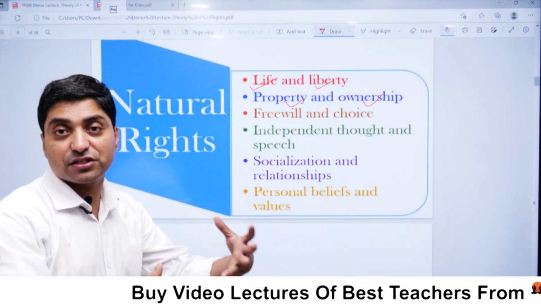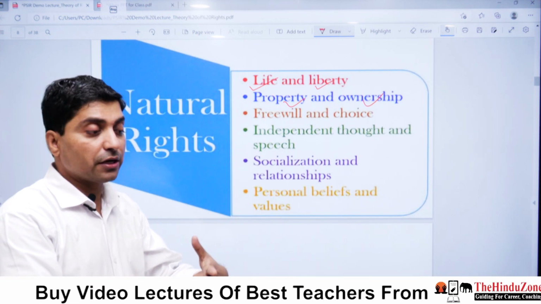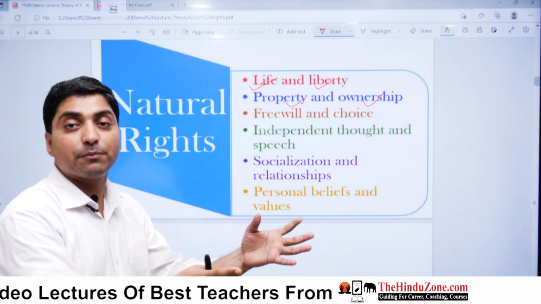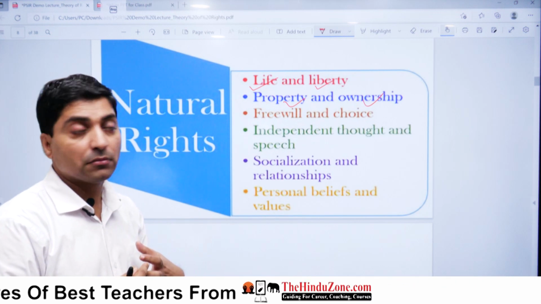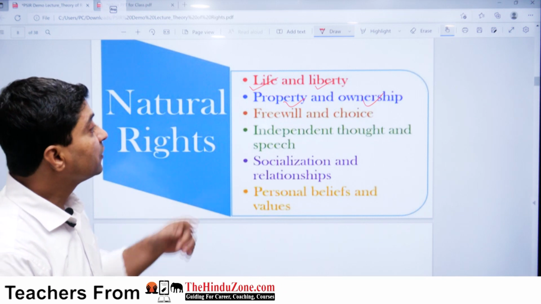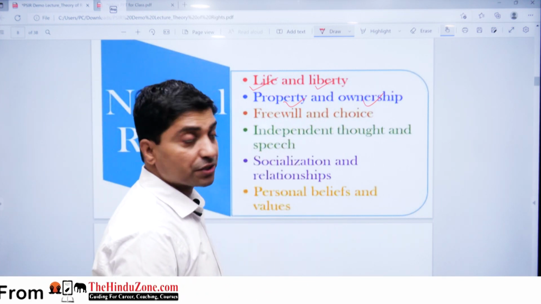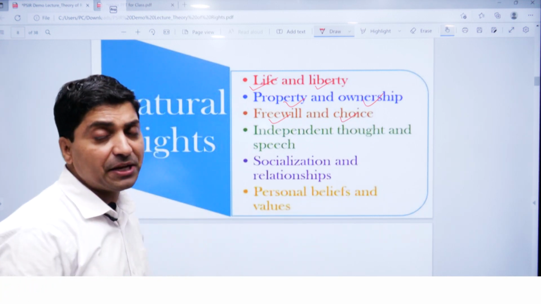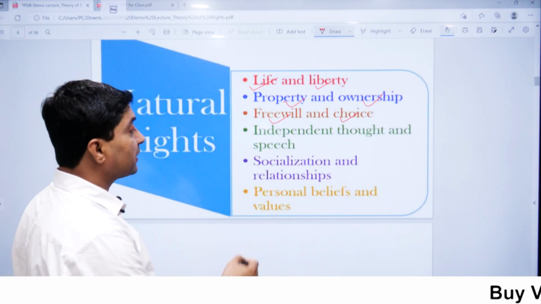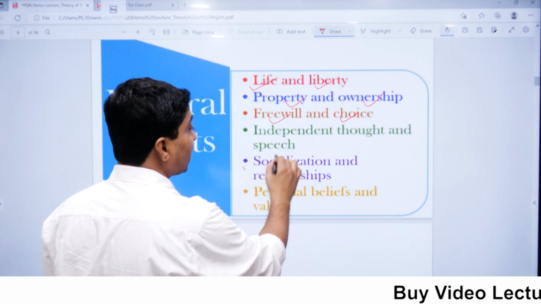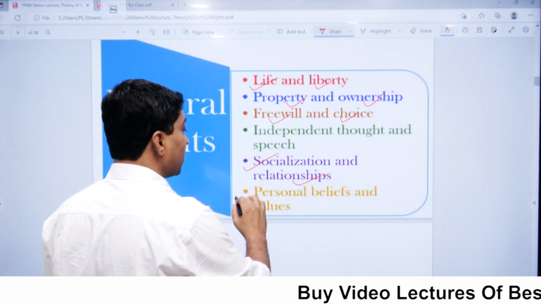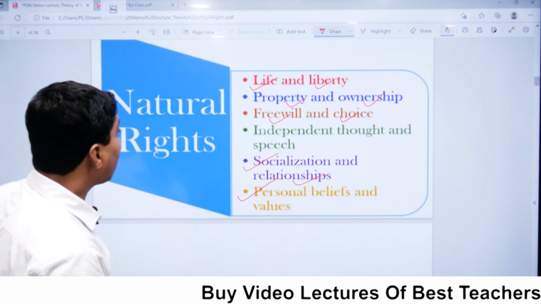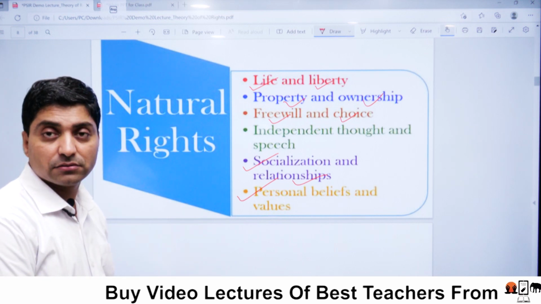If someone invests labor and earns something, that property belongs to him, right? So they have the right to ownership, right to free will and choice, right to independent thinking, right to speech, right to socialization, right to relationship, right to belief. These are all natural rights.